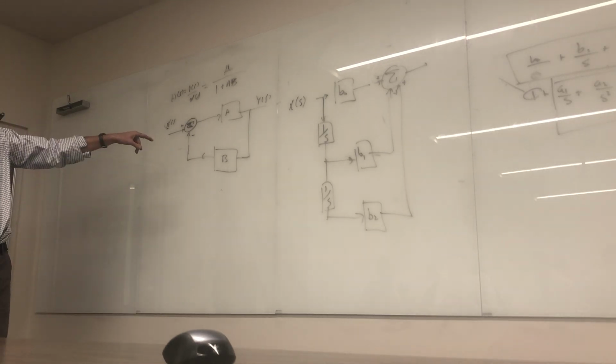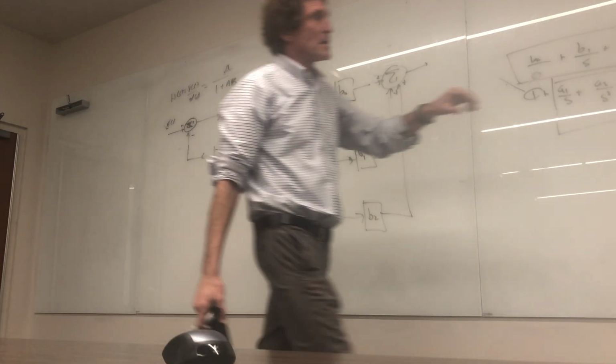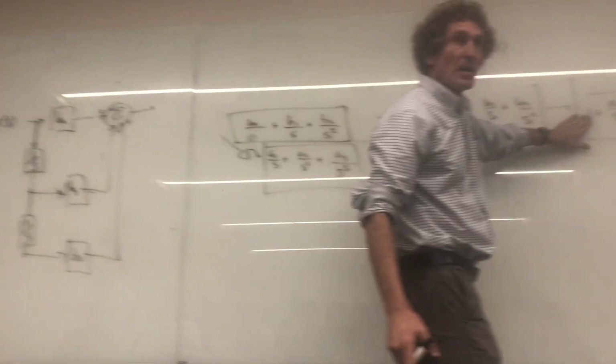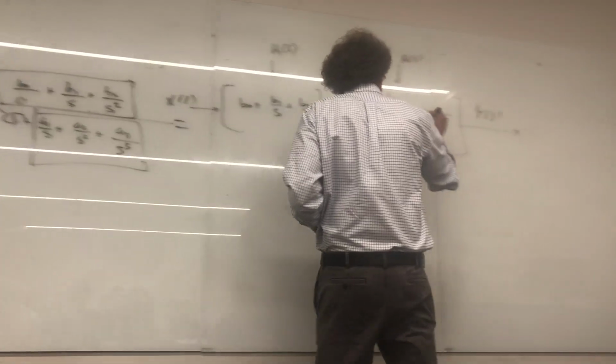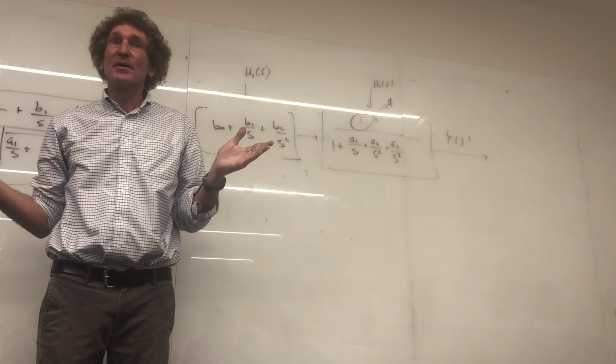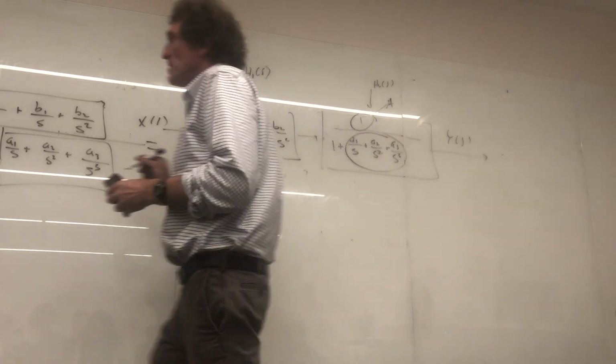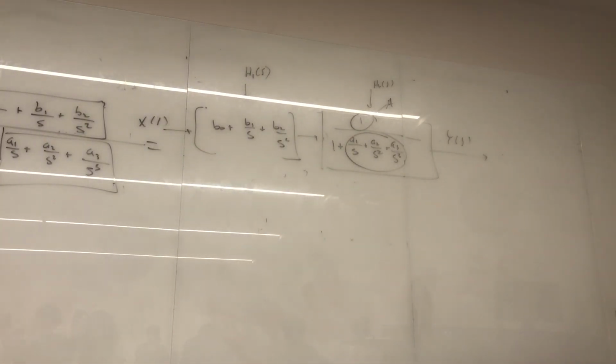Now, when you take a look at this right here, you know I have the 1 that I need. All right? This is A. You'll notice A is 1. All right? It means beta is this. So in the feedback loop, the beta here is just A1 over S plus A2 over S squared plus A3 over S cubed.